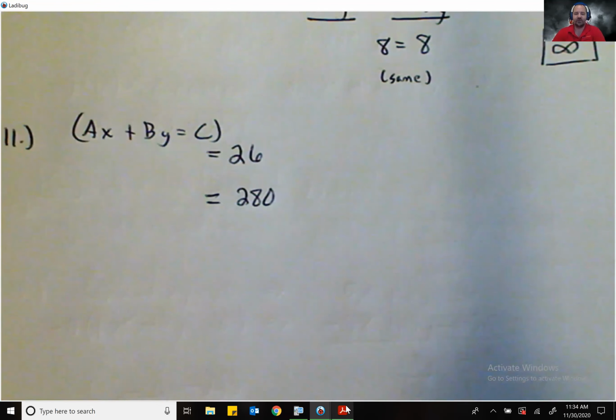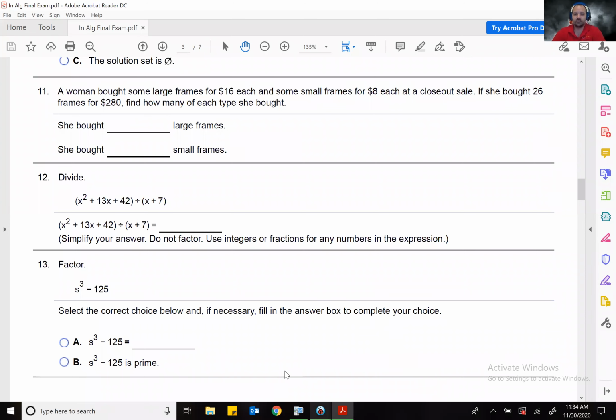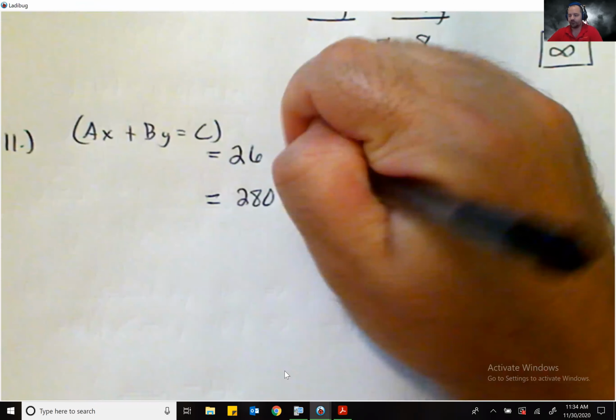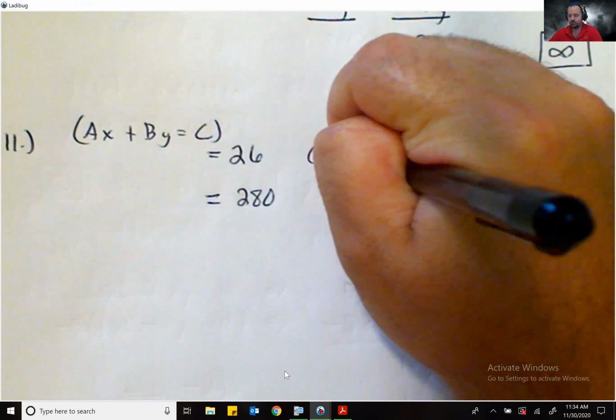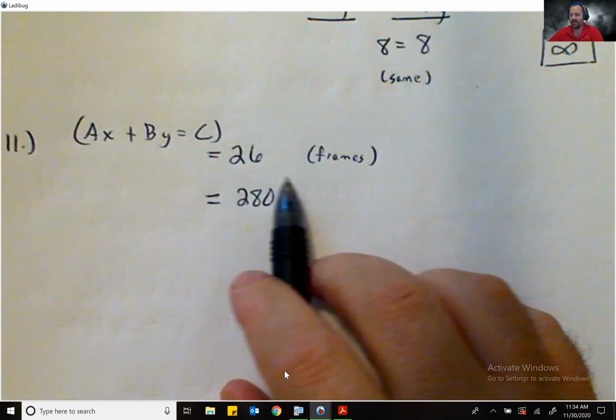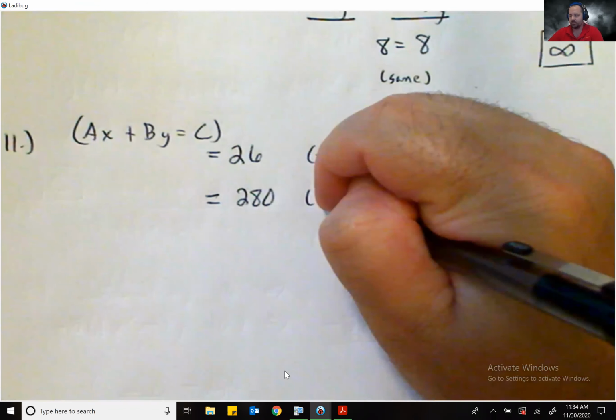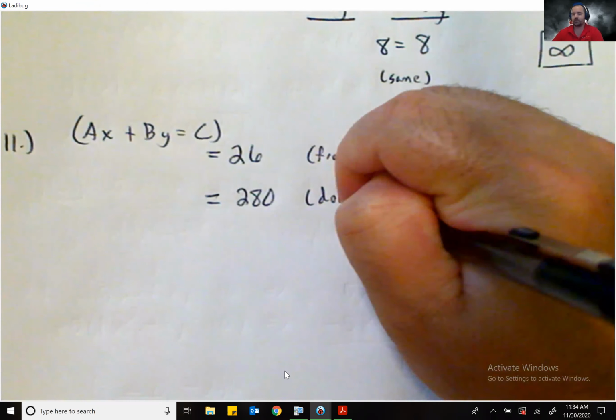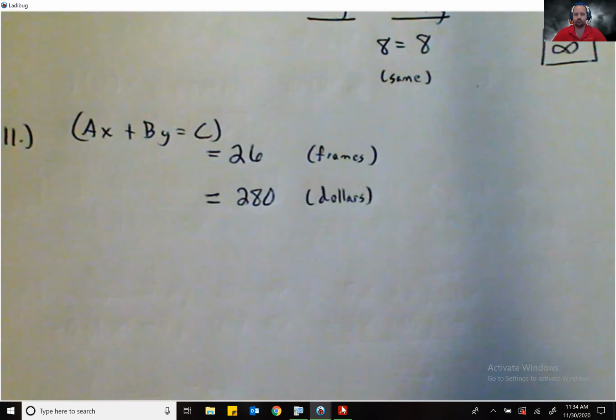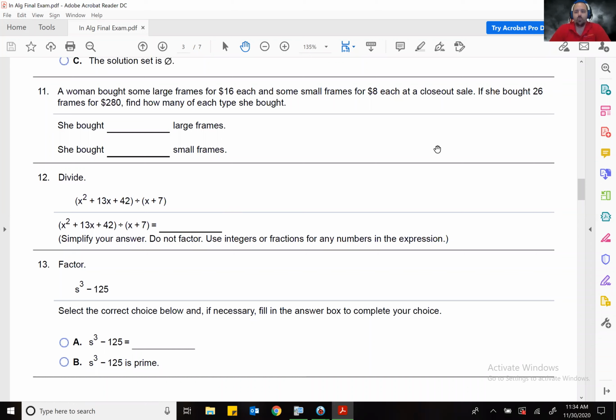Now remember, the 26 is about frames. The 280 is about dollars. So keep that in mind. We've already used the 26. We've already used the 280. We're not going to use those again.